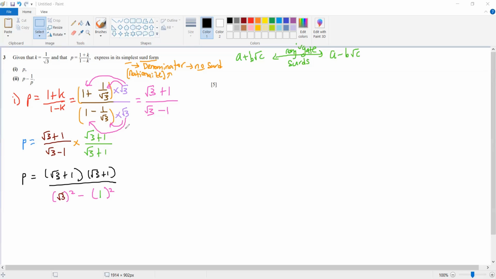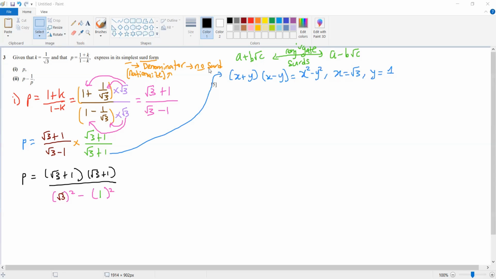So root 3 squared minus 1 squared. We can always use this famous identity, the difference of two squares: x plus y times x minus y equals x squared minus y squared. If you slowly write and check, you realize that x here is taken as root 3 and y is taken as positive 1.